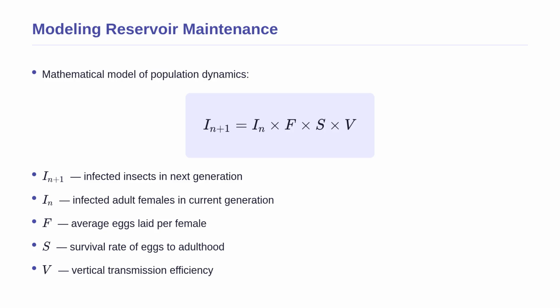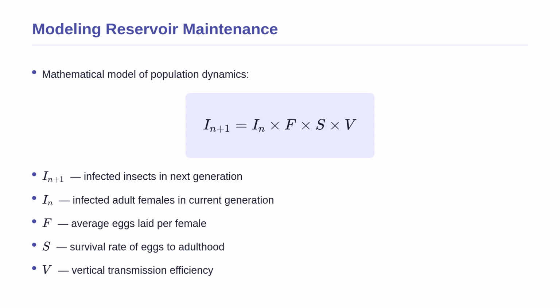To truly understand how a disease survives inside an insect reservoir over multiple generations, we can use a mathematical model of population dynamics. This formula calculates the number of infected insects in the next generation, denoted as I_{N+1}. It depends on 4 factors. First, I_N stands for the number of infected adult females currently present.